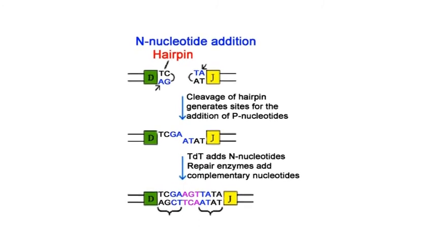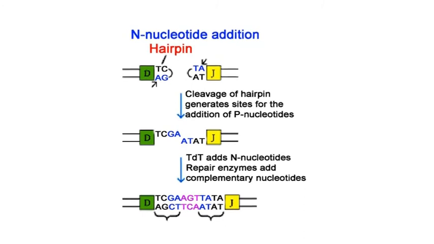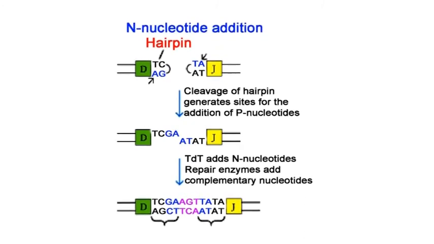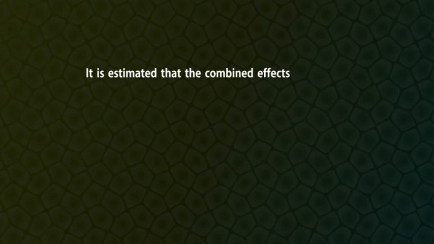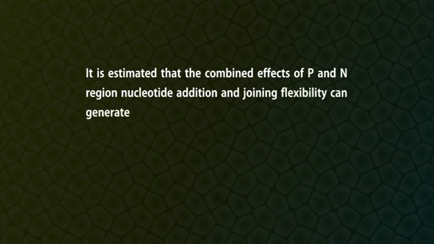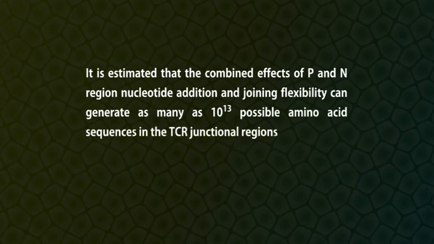The additional diversity generated by N-region nucleotide addition is quite large because the N-region appears to consist of wholly random sequences. It occurs in the genes encoding all the TCR chains. As many as 6 nucleotides can be added by this mechanism at the junction, generating up to 5,461 possible combinations. It is estimated that the combined effects of P and N-region nucleotide addition and junctional flexibility can generate as many as 10¹³ possible amino acid sequences in the TCR junctional regions alone.